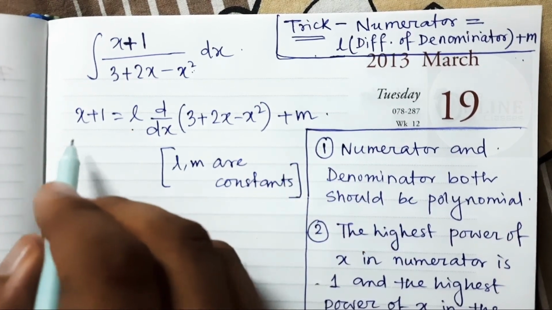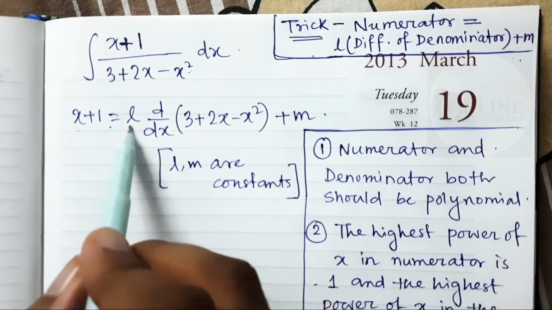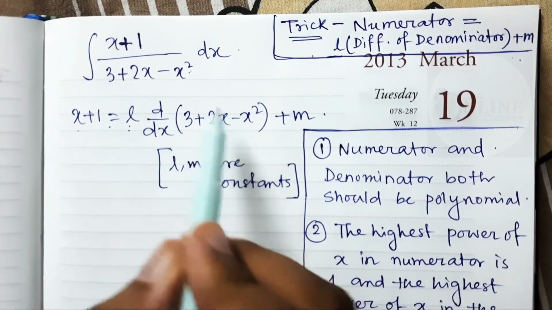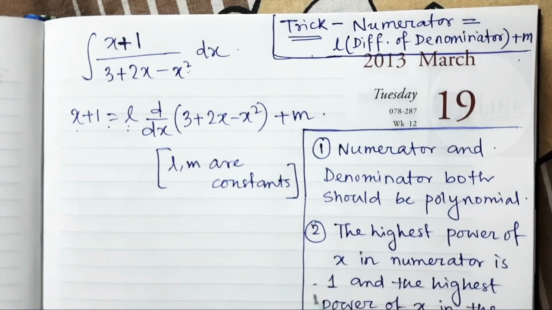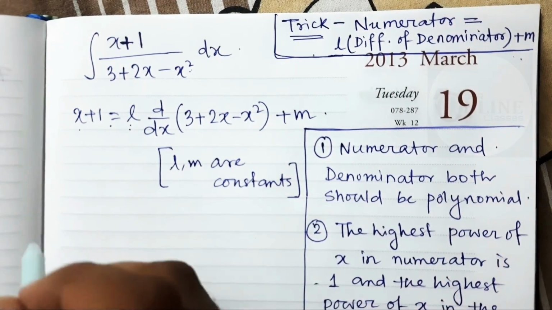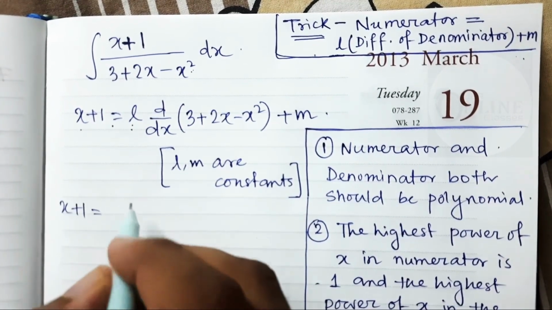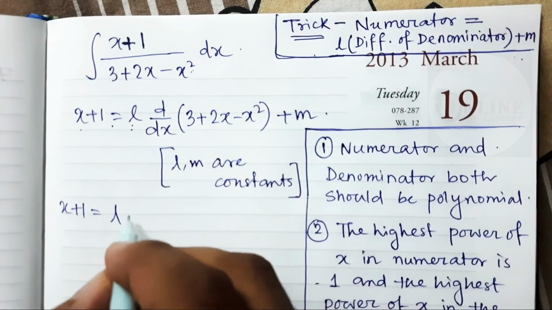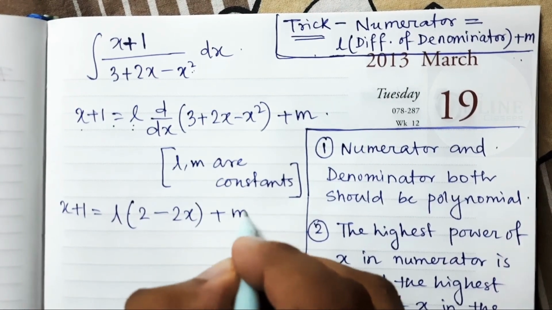So I think this trick is clear. The trick is that the numerator is equal to L into the differentiation of the denominator plus m, provided these two conditions are satisfied. Now let's solve this problem. So x plus 1 is equal to L into d/dx of the denominator, which means 2 minus 2x, plus m.